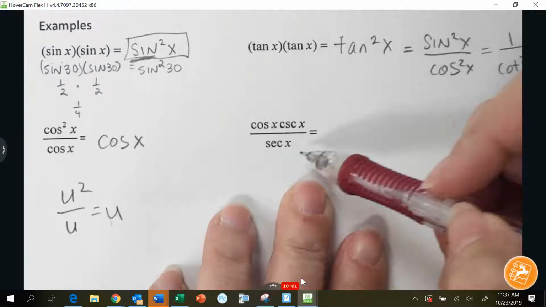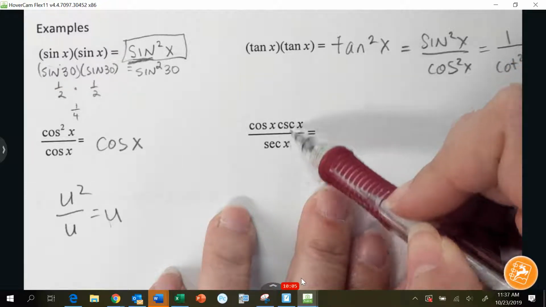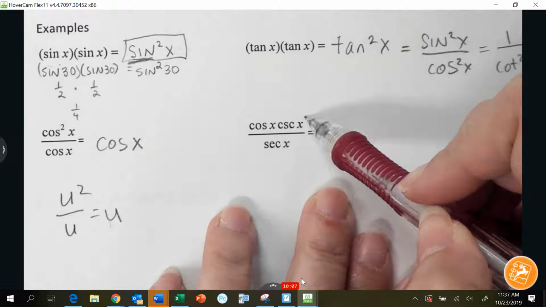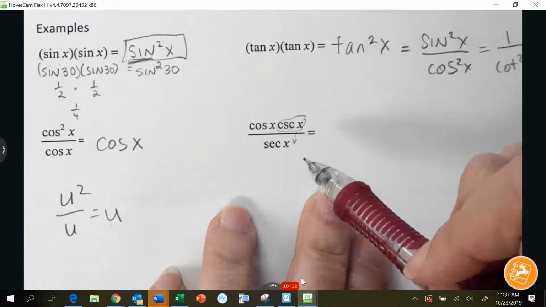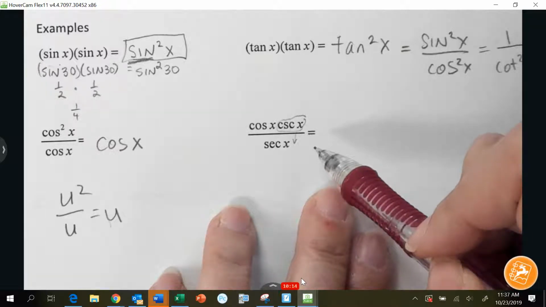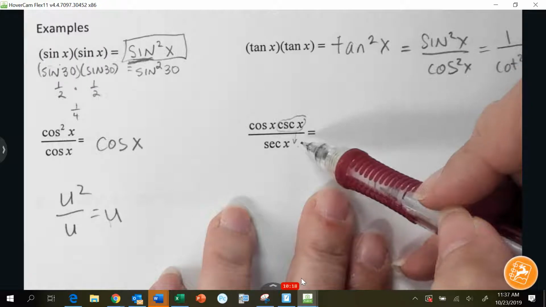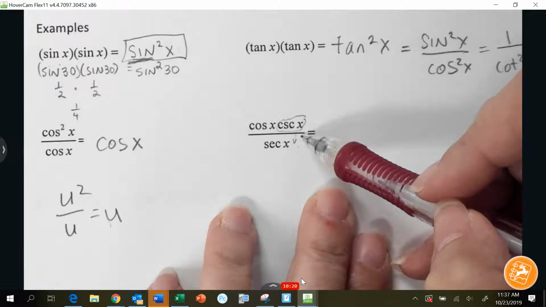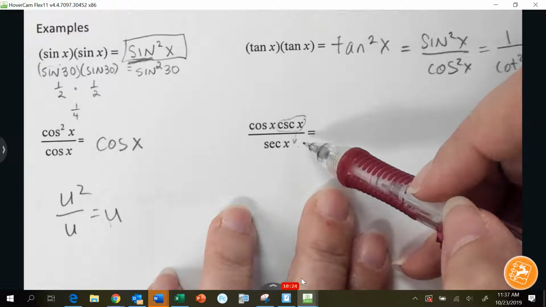With this one, what I'm trying to show you is that if I don't want to have a fraction, if I move this cosecant down to the bottom, it won't be cosecant anymore. If I'm reciprocating cosecant, what does that actually equal? Sine.